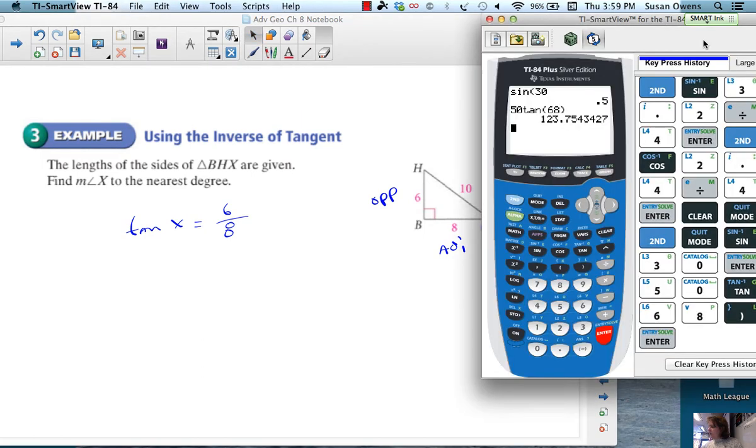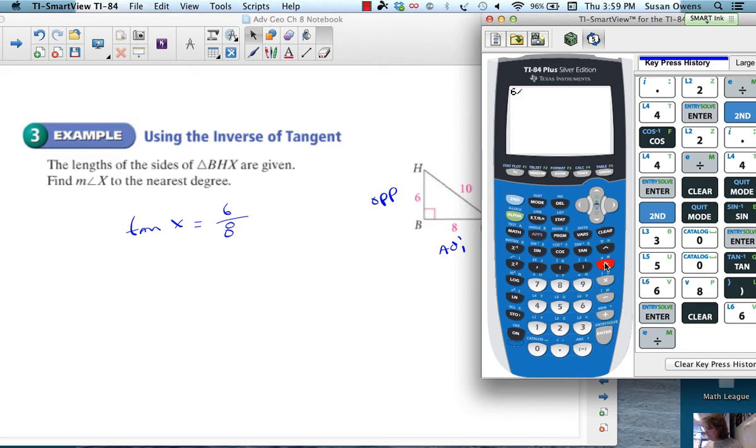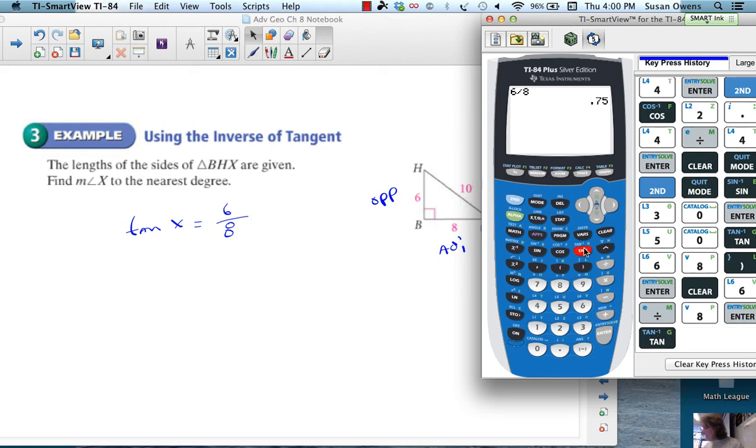Here's what I could do if I didn't know the cool buttons to do it. I could do 6 over 8, and it's 0.75. So this is the long way. And then I could say, okay, what angle produces a tangent of 0.75? Then I could just sit here and play. I could do tangent of 25.